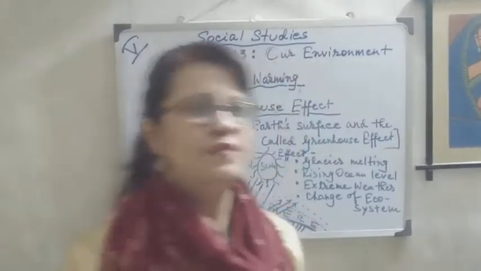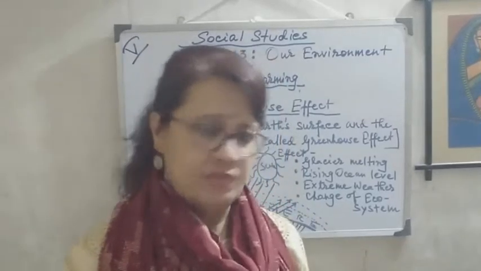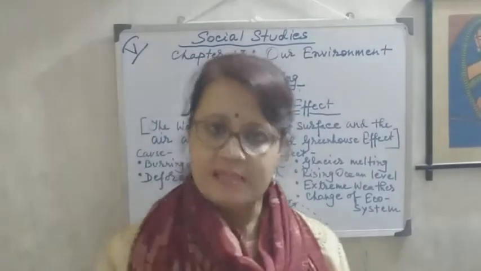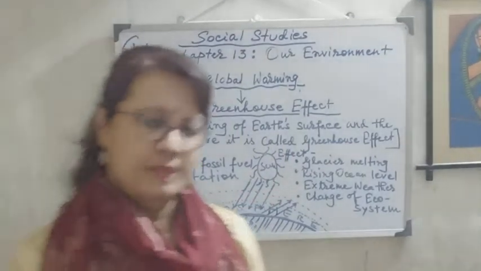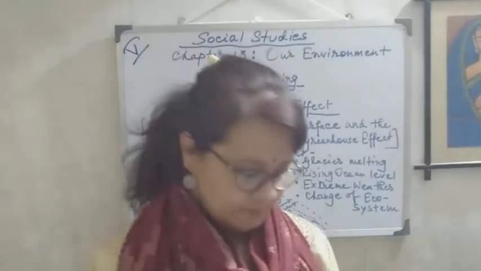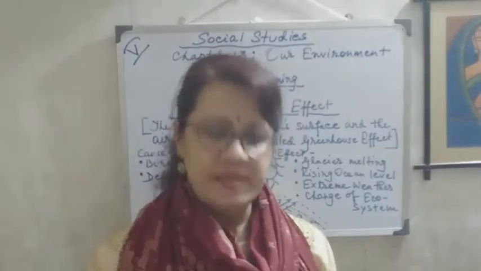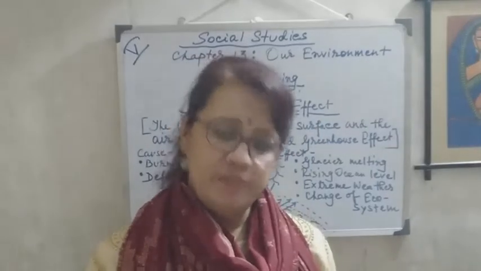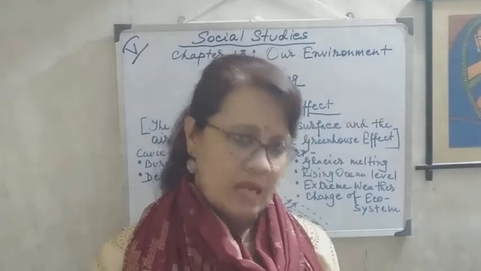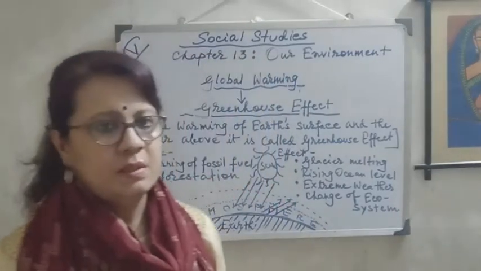In the atmosphere, there is an ozone layer which absorbs the harmful sun's rays, and in this way we survive. But as the ozone hole is wider now, it is harmful for us. Harmful ultraviolet UV rays come to us through the hole, and we are affected.